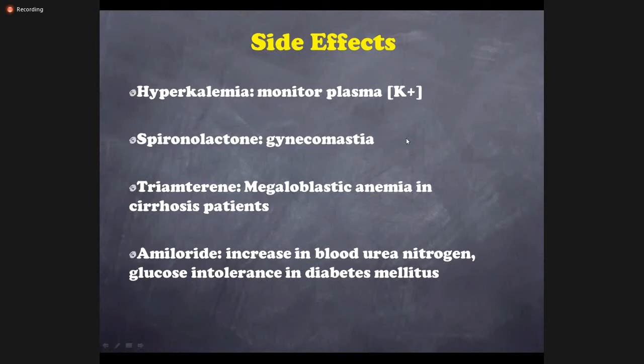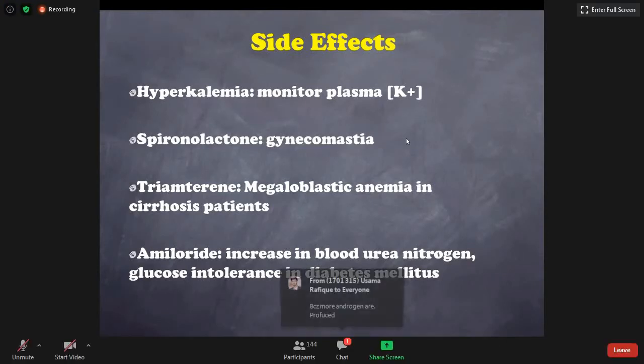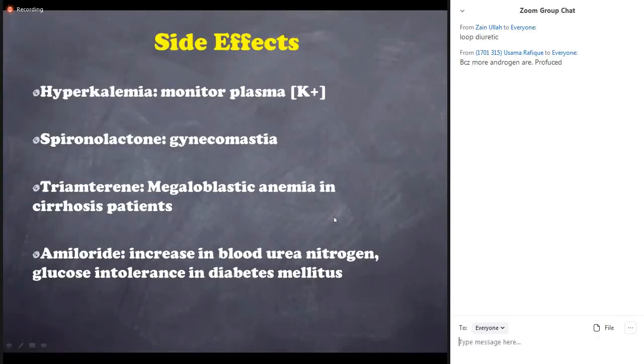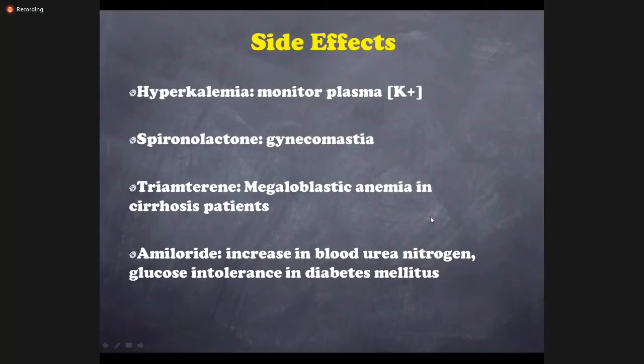And why does this problem occur? Because, as I already told you, spironolactone is steroid in nature, it may produce anti-androgenic activity, and it will enhance the activity of especially estrogen, right?